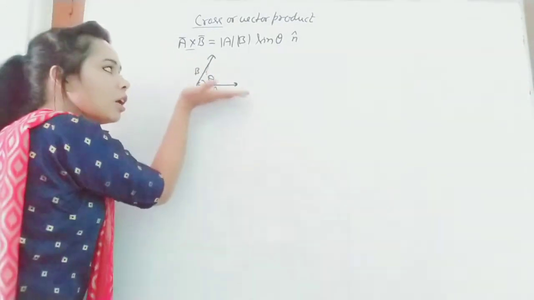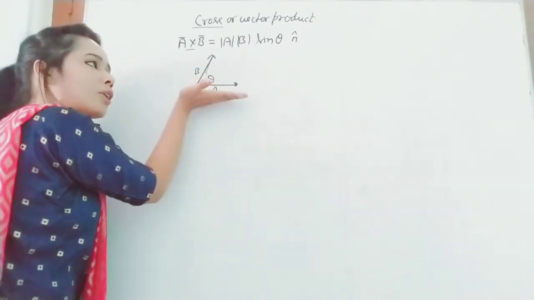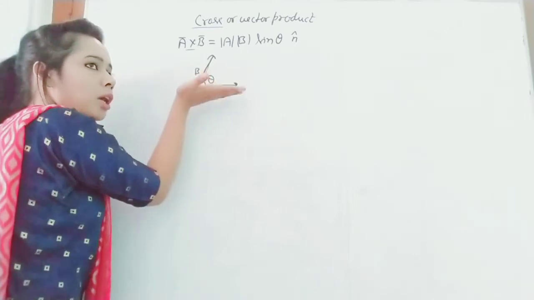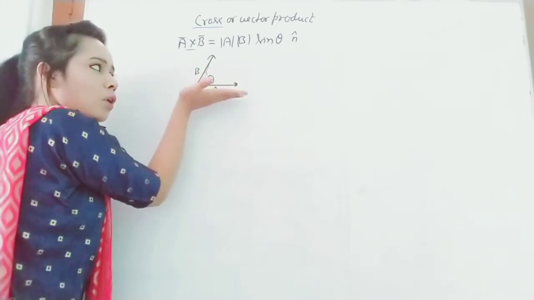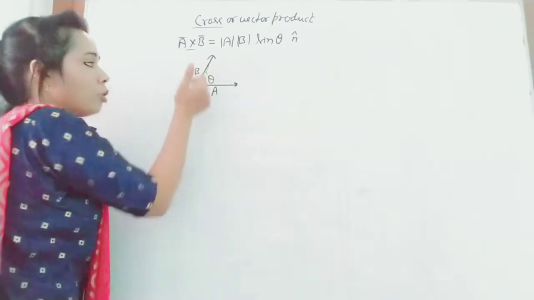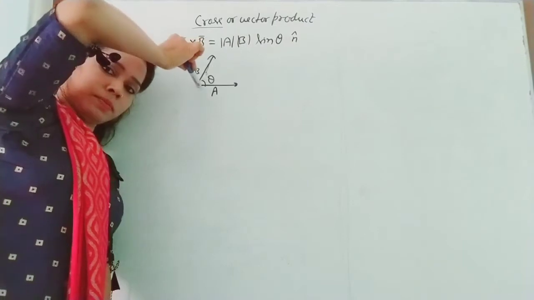If you curl your fingers in the direction of the cross product of two vectors, like A cross B, I am curling my fingers in the direction of A cross B, and the thumb is pointing outward. So the new vector will have the direction outward this way.